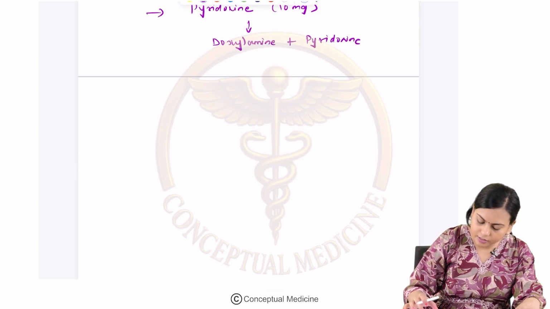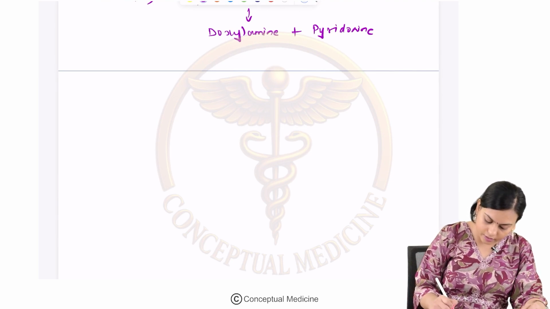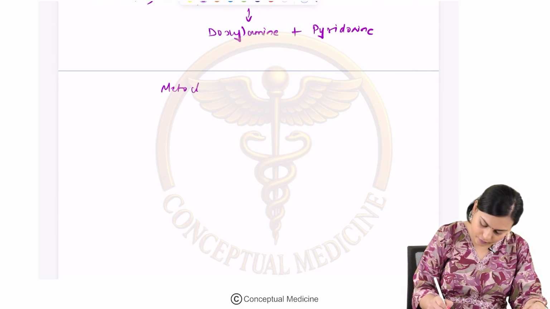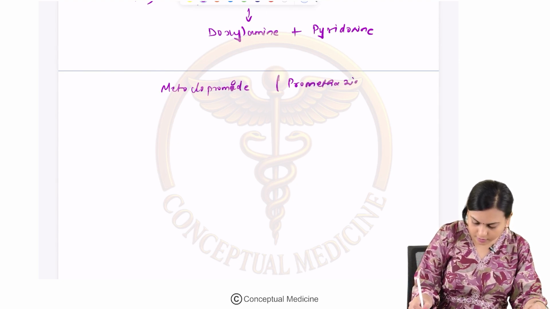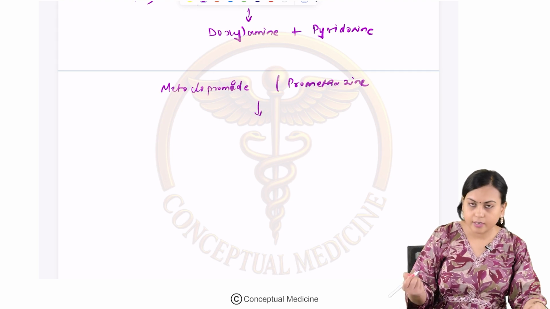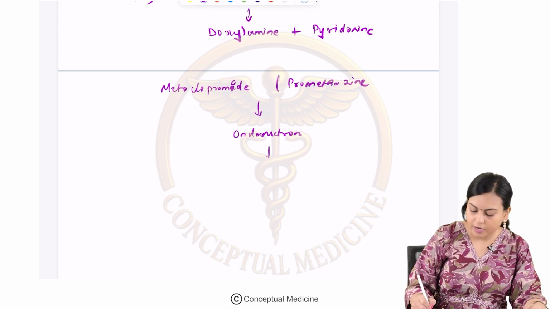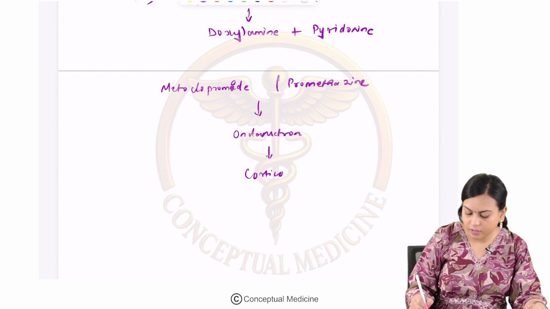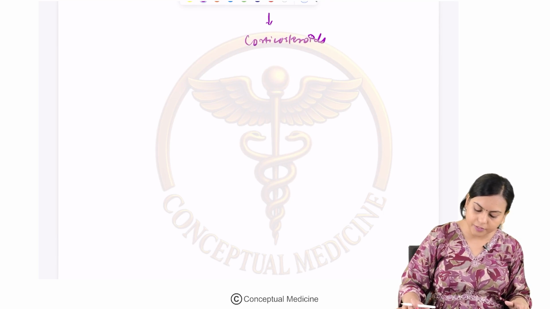If it is still not controlled with doxylamine and pyridoxine, you can give metoclopramide or promethazine. The next drug you can try is ondansetron, and finally you can even give corticosteroids. This is how we manage nausea and vomiting.